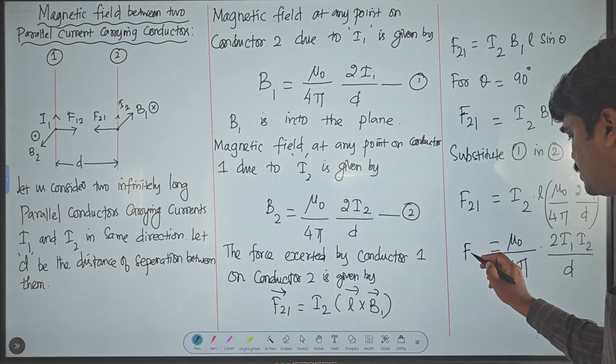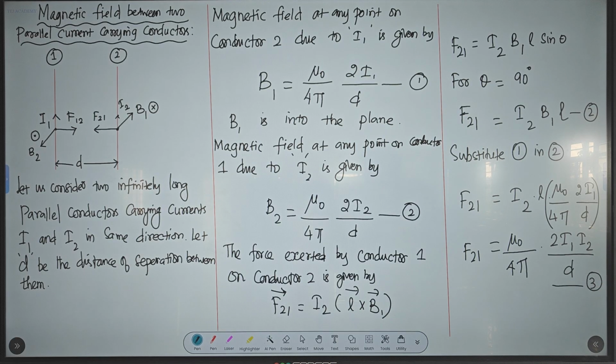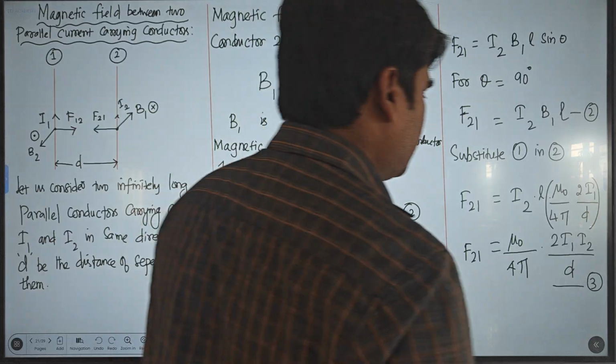That's why I've written it like this. So F21 we have an expression, and I'll mark it as equation 3.